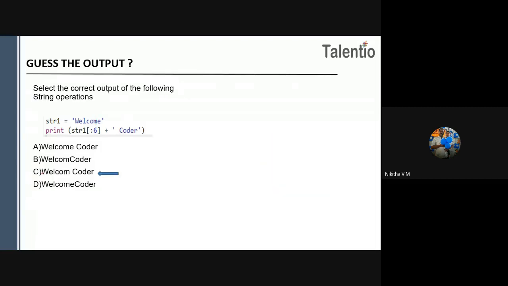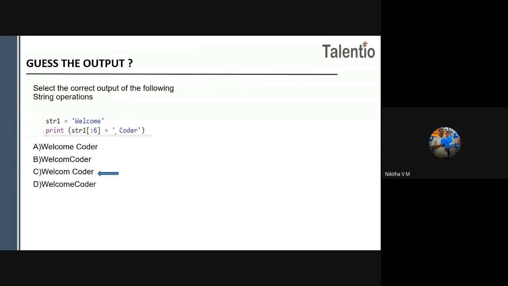Then if you check here, instead of directly appending the string, we are giving some space. So which option is correct? Option B or option C? Option C, because it is having a space. If there was no space here, then it would have printed by attaching it to the string directly. But we are giving a space.